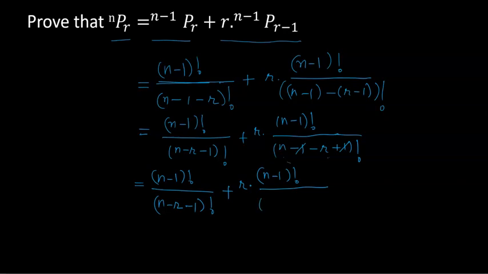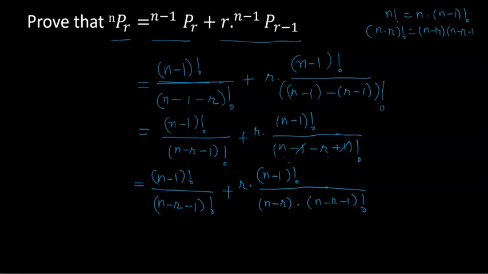And how you can write it, you can write it simply like this, n minus r minus 1 factorial. It is very easy to understand: factorial n can be written as n times n minus 1 factorial. So n minus r factorial can be written as n minus r times n minus r minus 1 factorial.